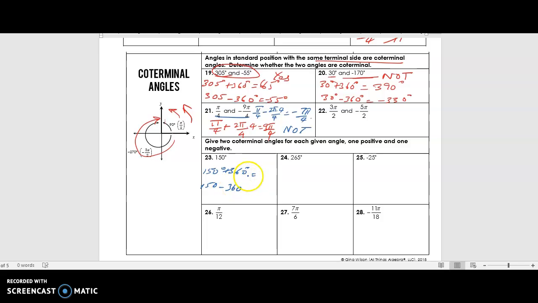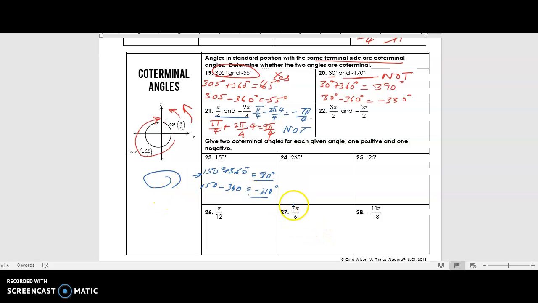So when you add 360, you will get 510. And when you subtract 360, you get negative 210. So both of these are coterminal angles. This means the angle has completed the full circle and is coming back there again. So we are taking two rounds of the same thing.